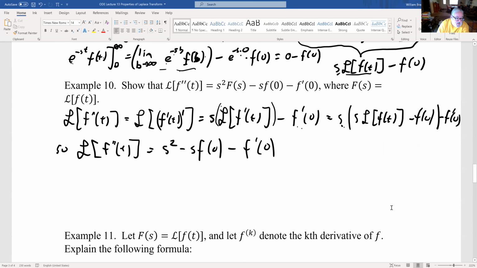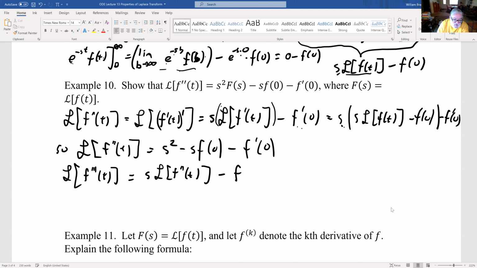Great. So what's the Laplace transform of the third derivative? Well, that's going to be s times the Laplace transform of the second derivative minus the second derivative at 0.